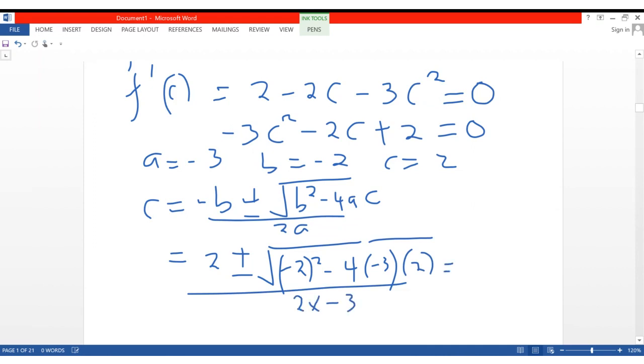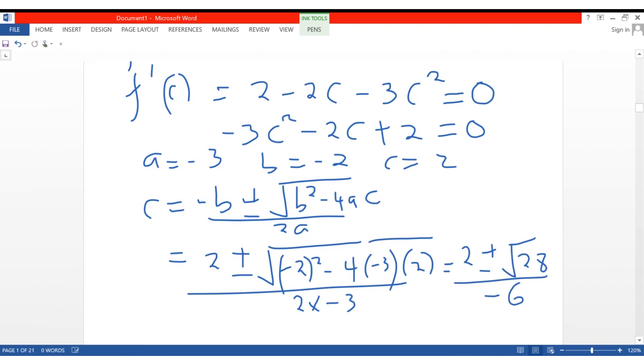This gives 4 minus 4 times negative 3 times 2. That is 4 times 3 times 2, then plus 4. I'm getting 2 plus or minus the square root of 28 all over negative 6.